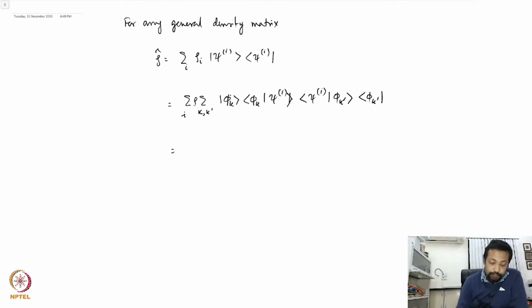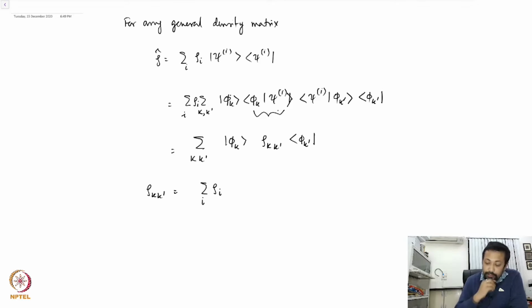There is a rho i sitting outside, so I rewrite this as phi of k, rho k k prime, phi of k prime, with rho of k k prime as the sum over i of rho i, a k i, and a k prime star i.